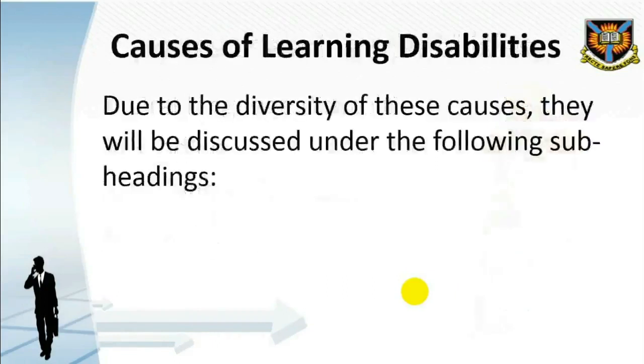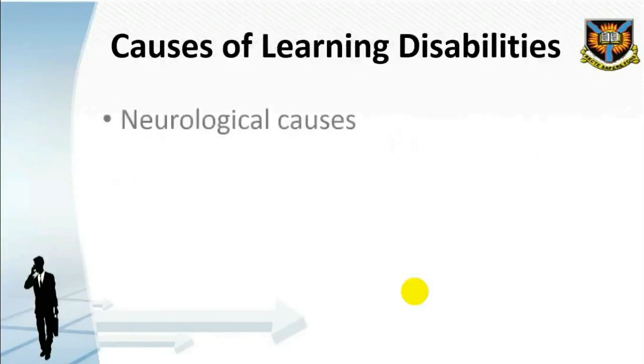Causes of learning disabilities. It is important to let you know that all the learning disabilities, irrespective of the specific types, have been traced to some clusters of causes. Due to the diversity of these causes, they will be discussed under the following subheadings. 1.